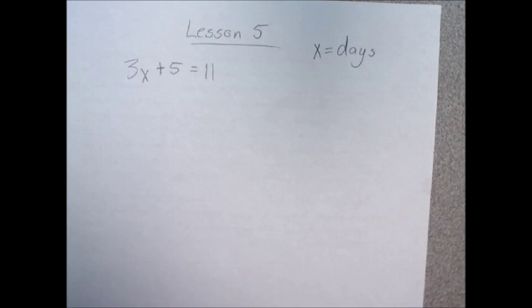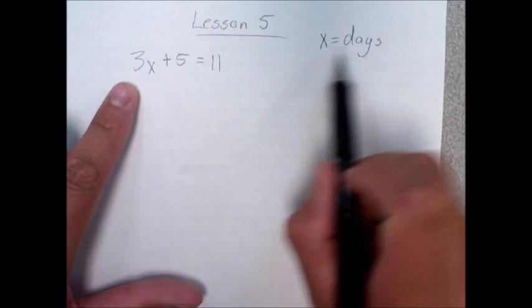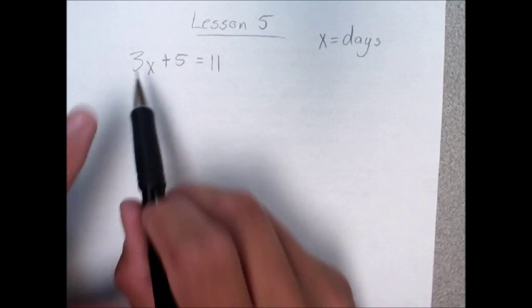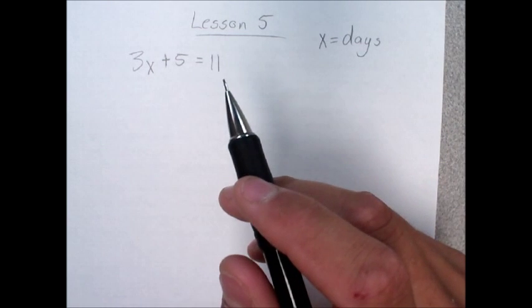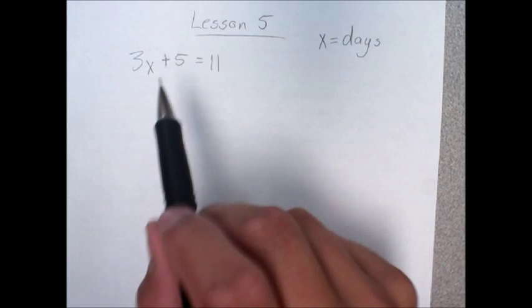I'll give you an equation, tell you what the variable stands for, and then say, create a problem based off of this equation. As an example, I would say, for each day, meaning multiply, you earn, let's say you do a small chore, $3 plus 5 per week.